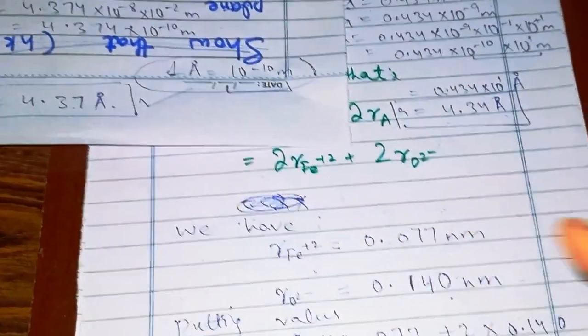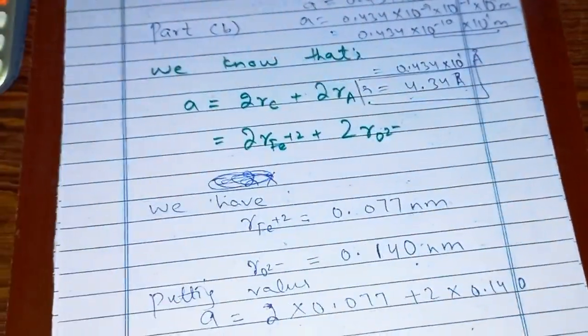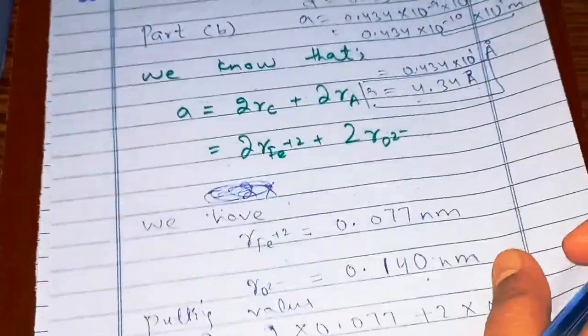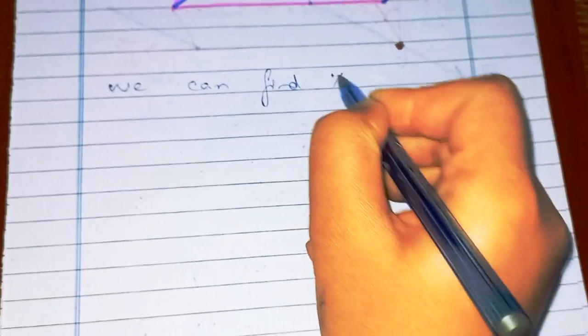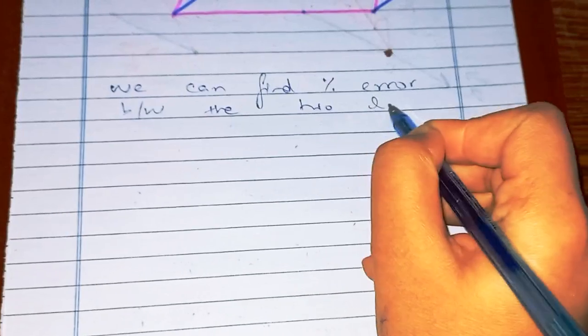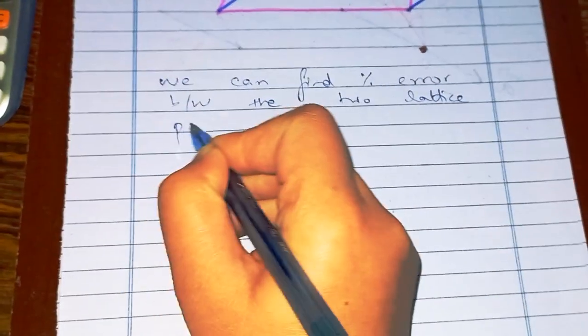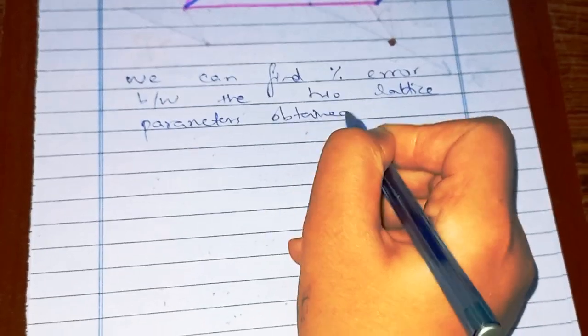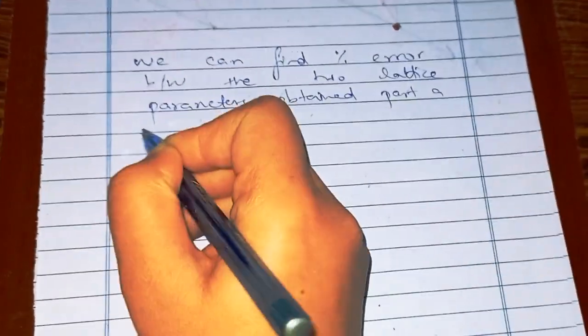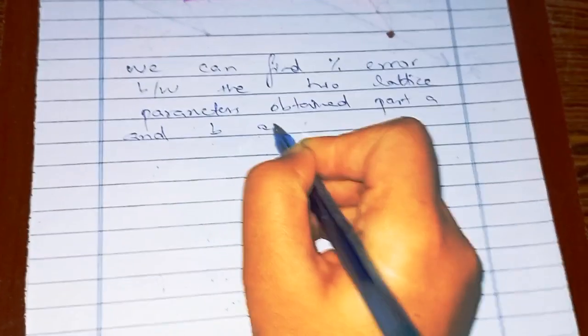You can find out the percentage error really quick and easily. Let's do that as well so that we have a good say about how much they differ from each other. So we can find the percentage error between the two lattice parameters obtained in parts A and B as follows.